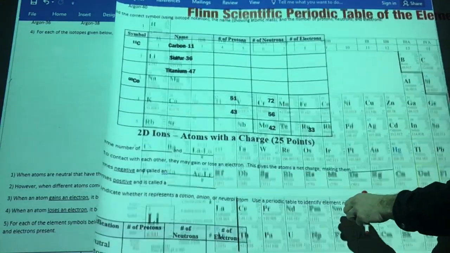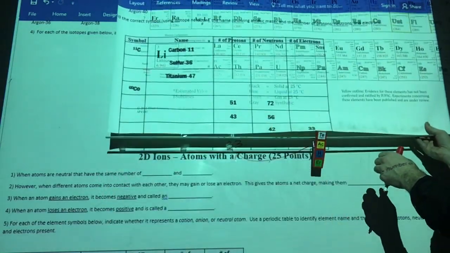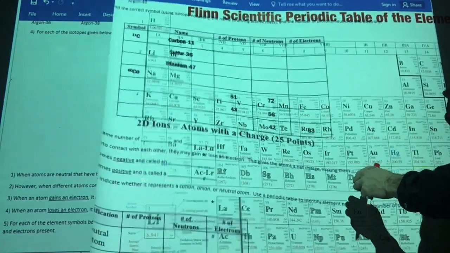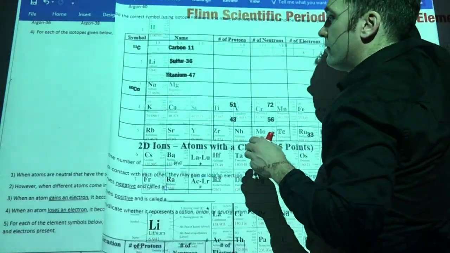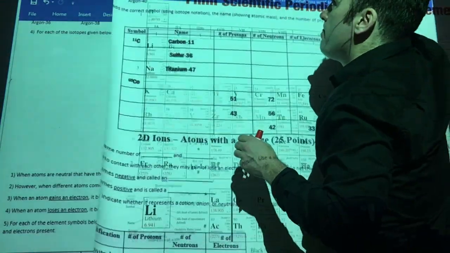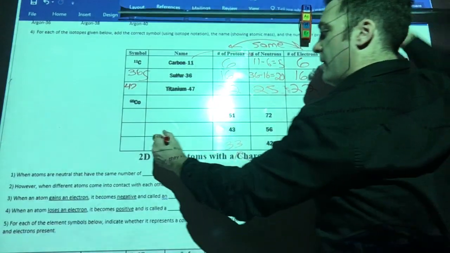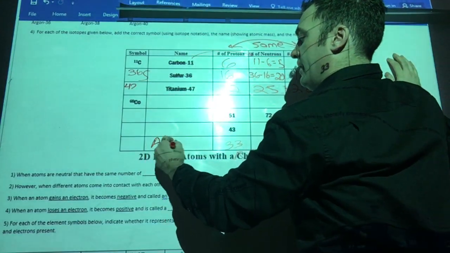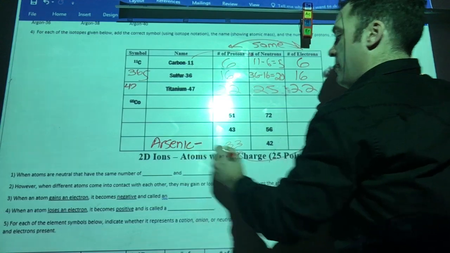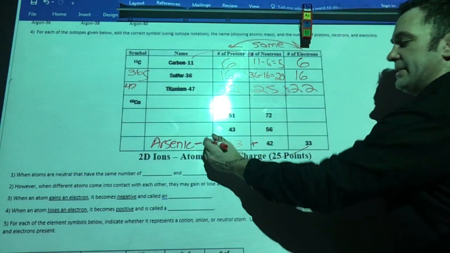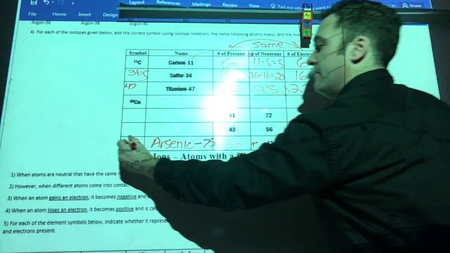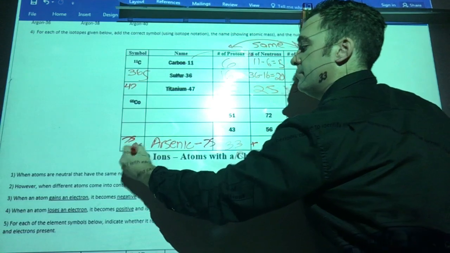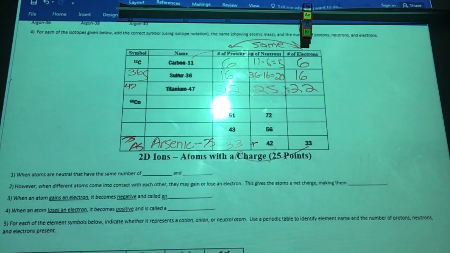That one's tough. 75. All right, so arsenic, and it's these two is this number, so that's 75. I bet some people get that wrong. So it's not like a breeze of a test.